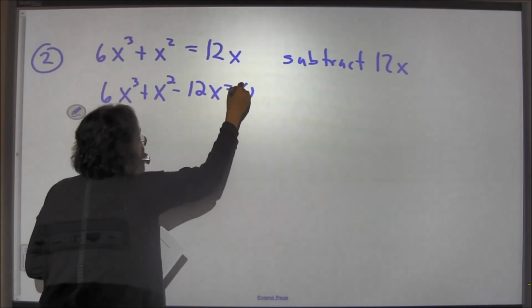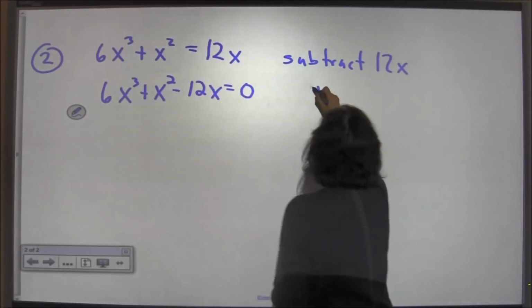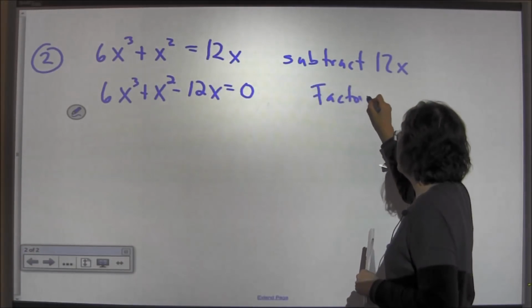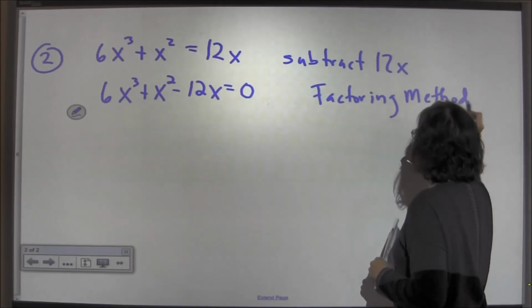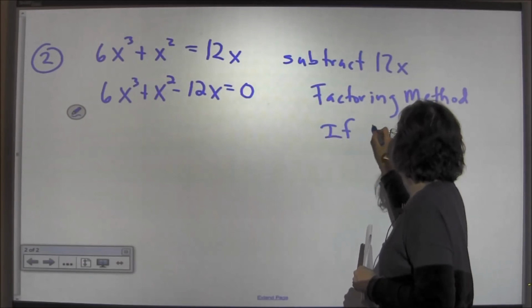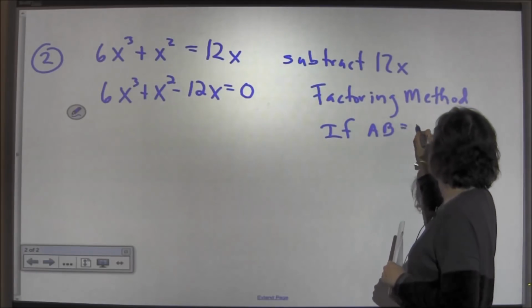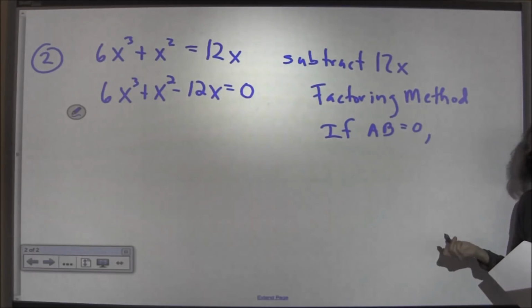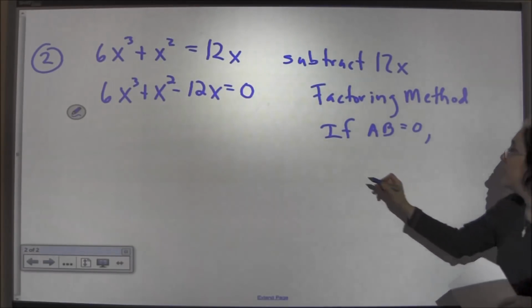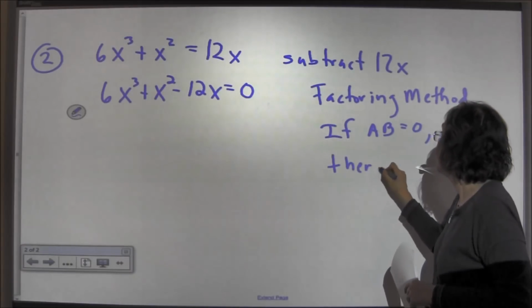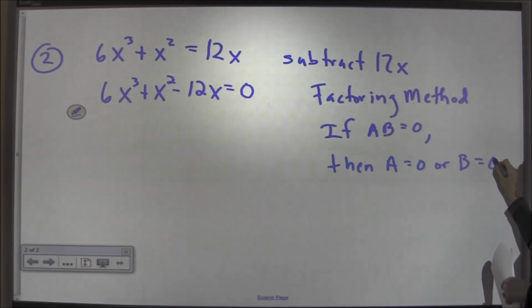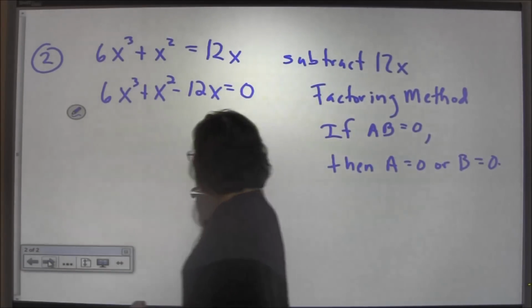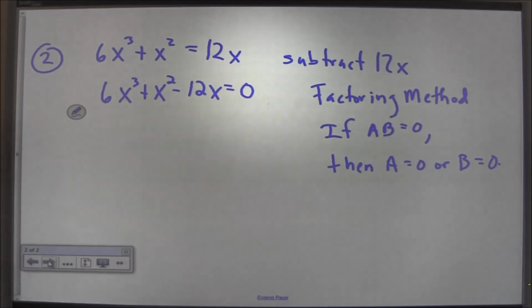Now, the factoring method is based on something that's true. It's based on the fact that if you have a product equals 0, then you know one of the factors has to be 0. Okay, so I'm looking at these 3 terms, and the first step in all factoring, remember, is look for a GCF.